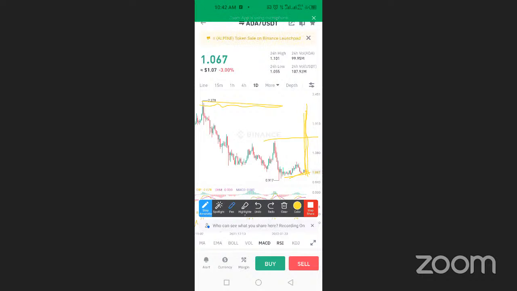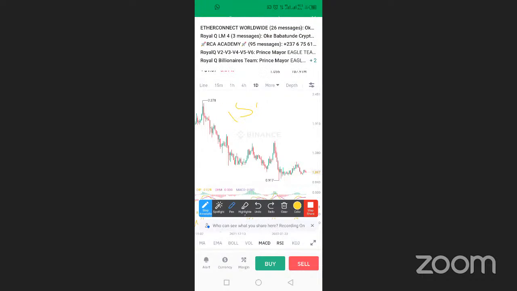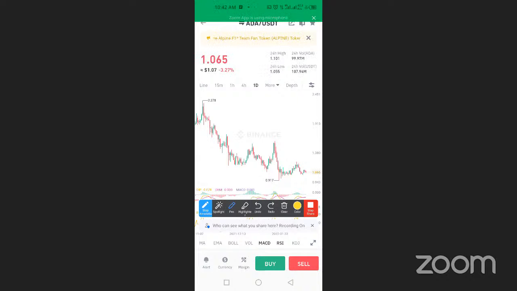Also, these are the coins that a lot of people are buying and keep, because by the end of this year, this ADA can do $10. It can do $20 if the bullish movement goes well, maybe from now to December or next year.